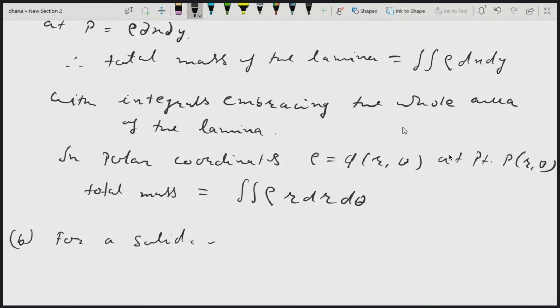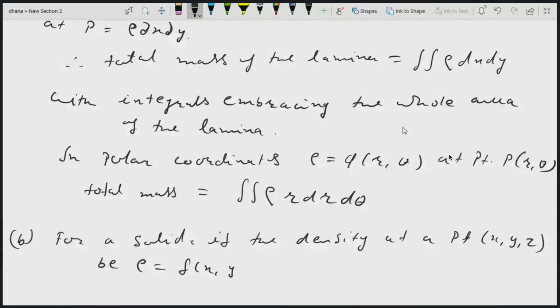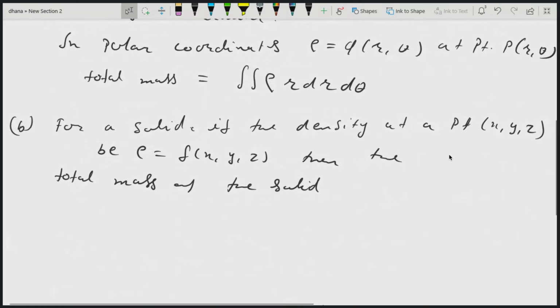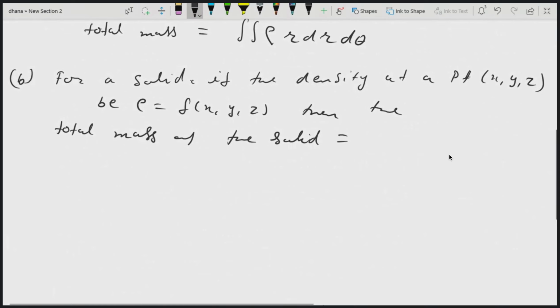If the density at a point, since you are talking about a solid, the point will have x, y, and z, is rho equal to f of x, y, z, then the total mass of the solid will be given by the triple integral of rho dx dy dz with the appropriate limits of integration. Understood? So it's just the formula.